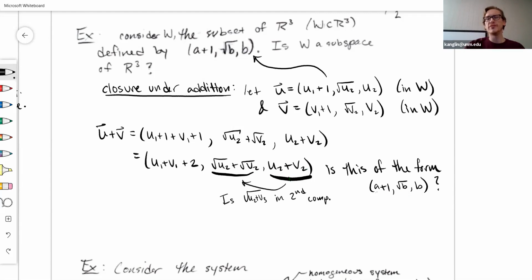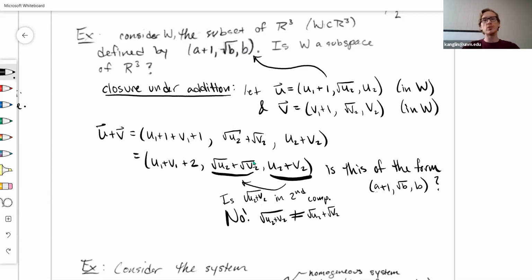The root of u2 plus v2 does not equal root of u2 plus root of v2. This is not of the correct form. The second and third components don't have the right relationship to each other. We have shown that adding two things that are in this subset can give you something not in that subset.